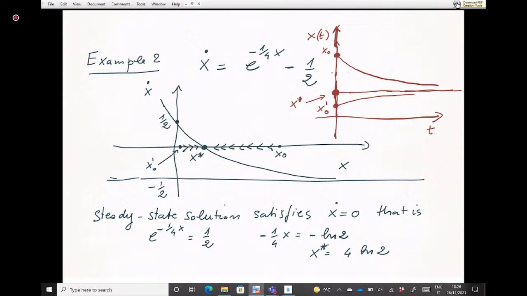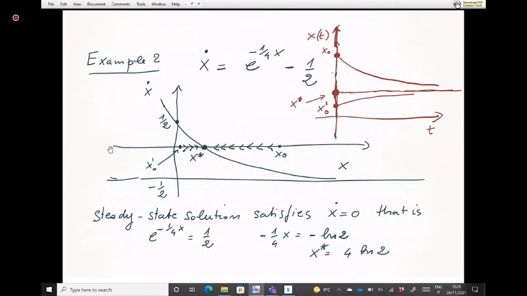In the limit, each time path will converge to the steady state solution, independent of the initial condition. For any initial condition, I can select it here, here, here, above, below, okay? For any initial condition, in the limit, the system will converge to the steady state solution.